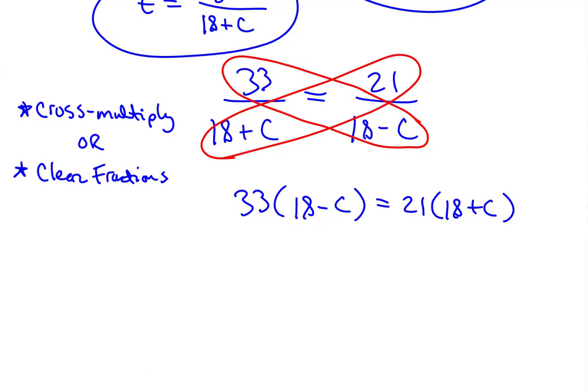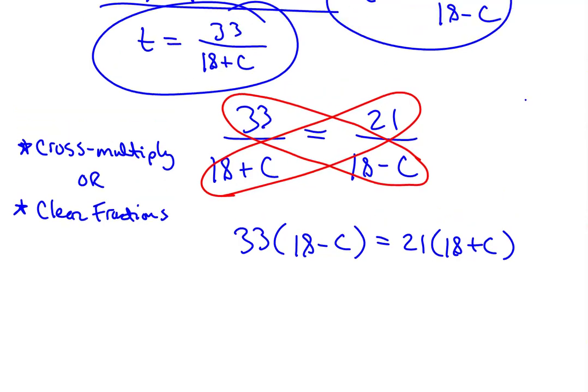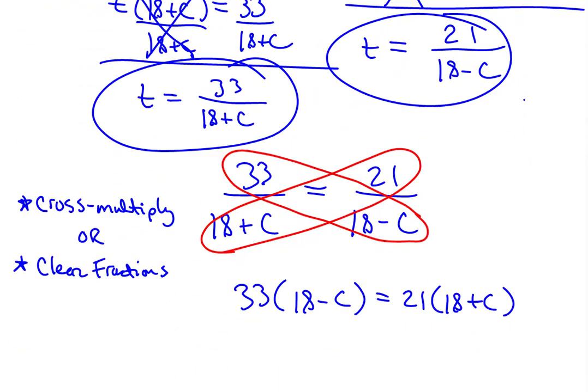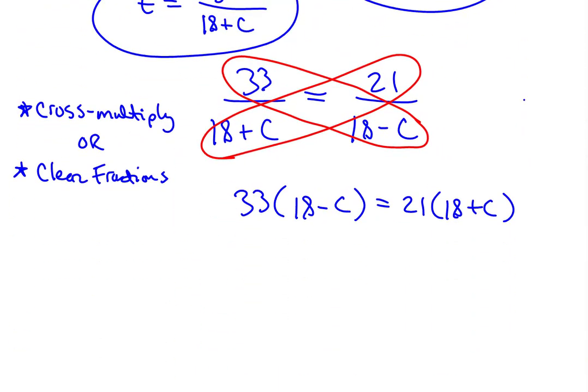All right, so what we have after doing that is an equation. Notice this equation is looking good because it has only one variable, that is a c. And in fact, that's the variable we're trying to solve for. If you look above, we're trying to find the speed of the current, and we determined that c would be the variable representing it. At this point, we can use our familiar equation solving steps and distribute these two numbers.